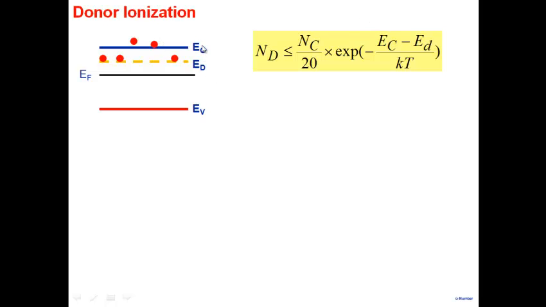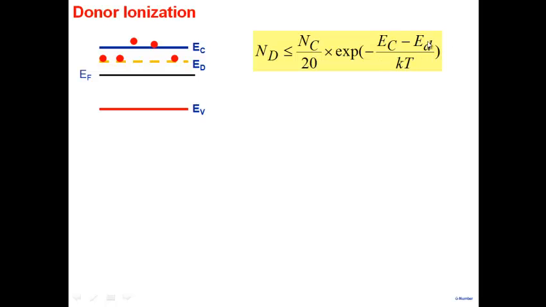That's one thing. What else do you require? You remember that this relationship has to be obeyed. So if you add 10 to the power 16, let's say donor atoms, or 10 to the power 17 donor atoms, if you want them to be ionized, you must obey this equation, right? To obey this equation, you would like this term on the right to be as large as possible. Okay, so one way of doing it is, let's say ED is close to EC.